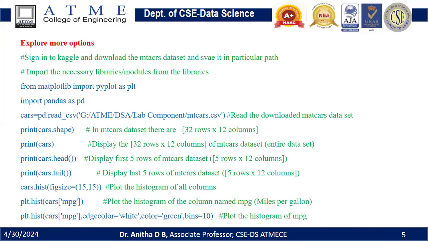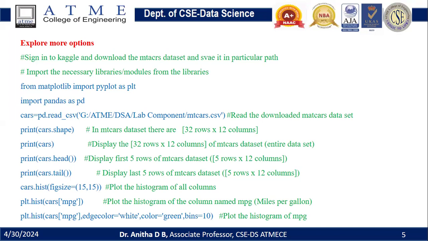The next step is to read the data frame which was downloaded from Kaggle. For that, we have to use the function pd.read_csv, and inside the parentheses, you have to give the complete path where we have stored that mtcars dataset.